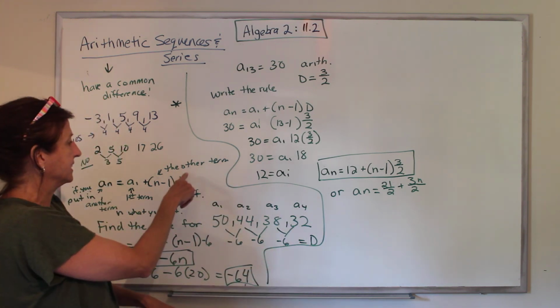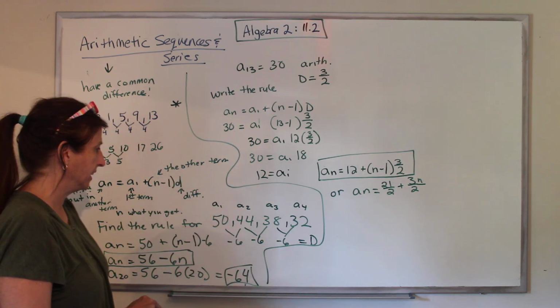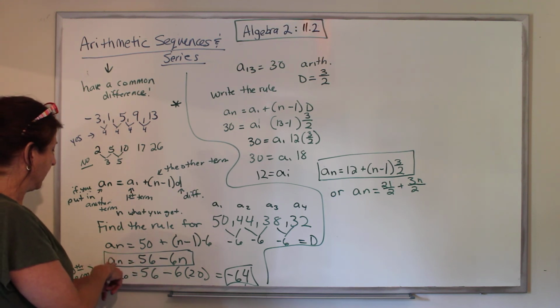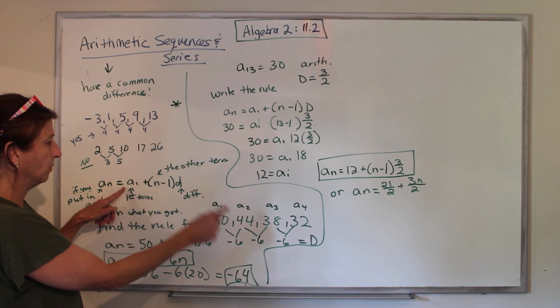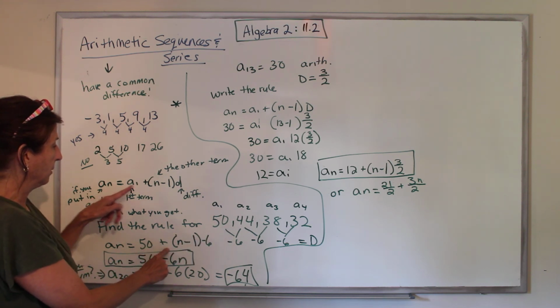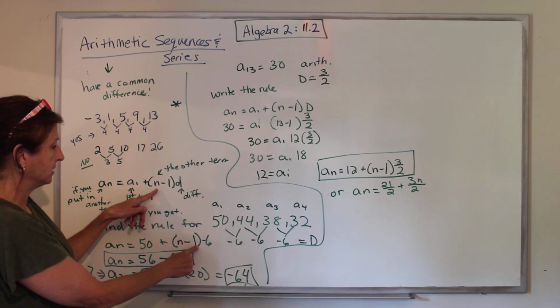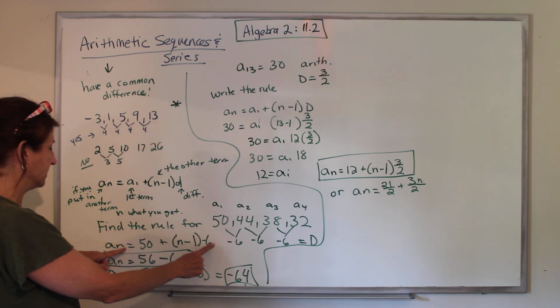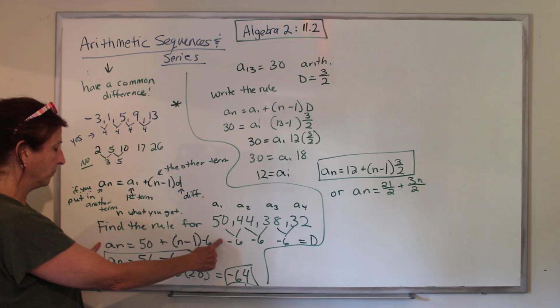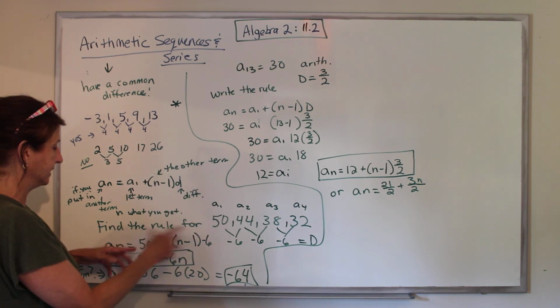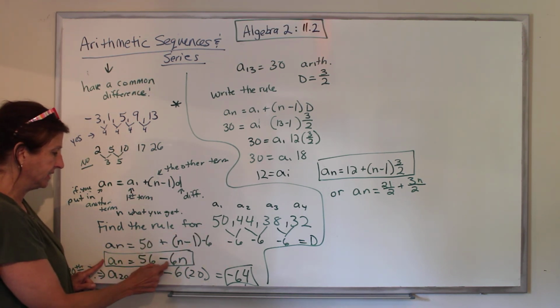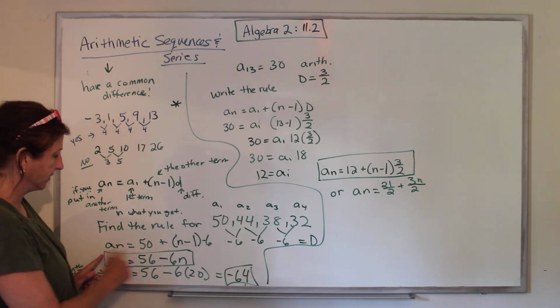So -6 is d, the difference in our equation. The rule is you write the first term, 50, plus n minus 1 and then the difference. That's the rule, but we can use the distributive property and gather up terms, and it's 56 minus 6n. That's the rule.